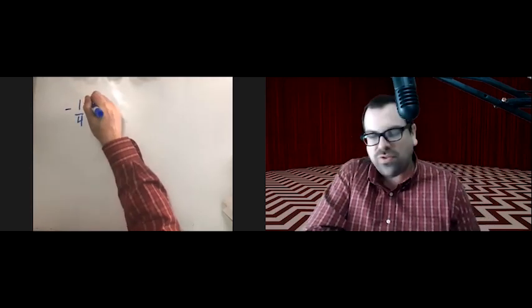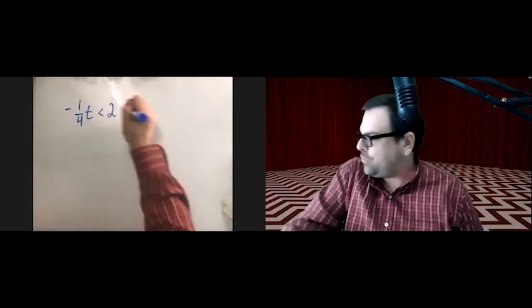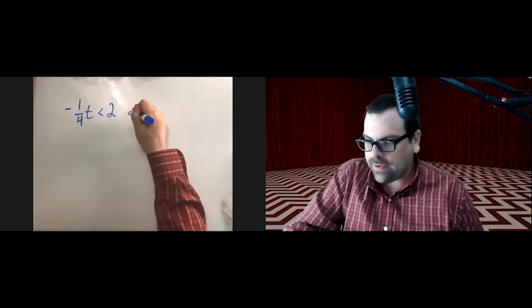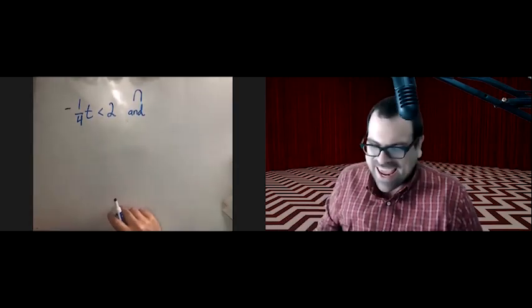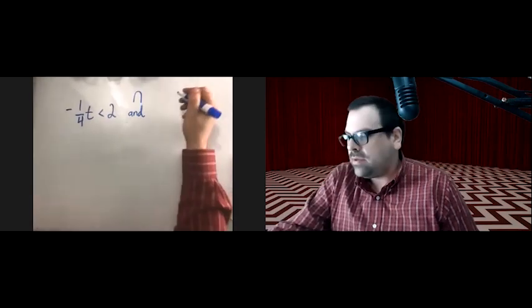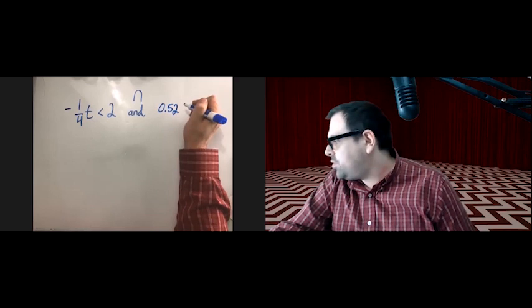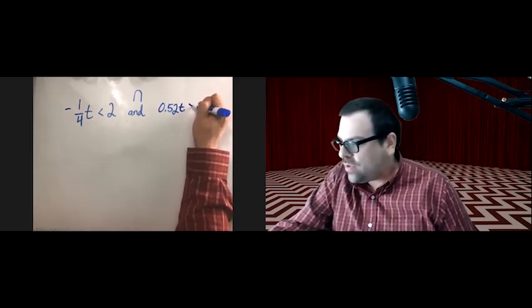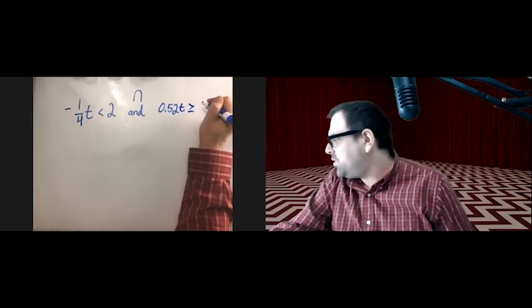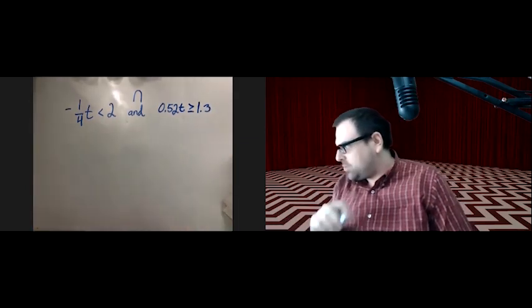Let's take a look at -1/4 t less than 2, and this is going to be an intersection, and 0.52 t greater than or equal to 1.3.